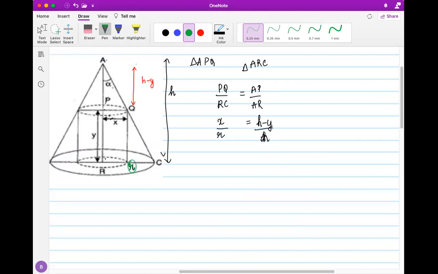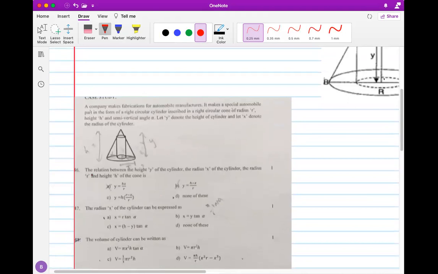Let us solve this question. Now x into H equals H minus y into r. Now we need to find what y is equal to, because the first question asked for the relation between the height y and the radius x of the cylinder, and the radius r and height h of the cone.